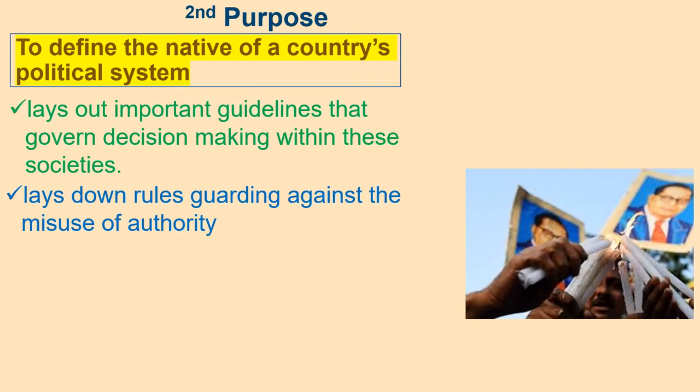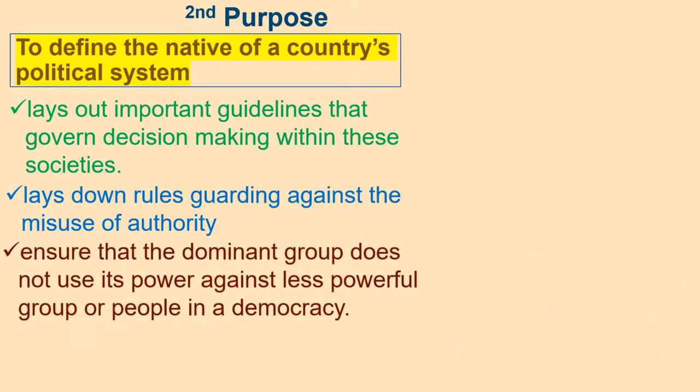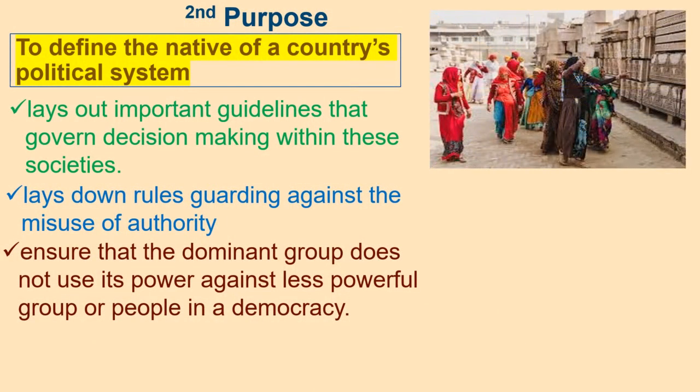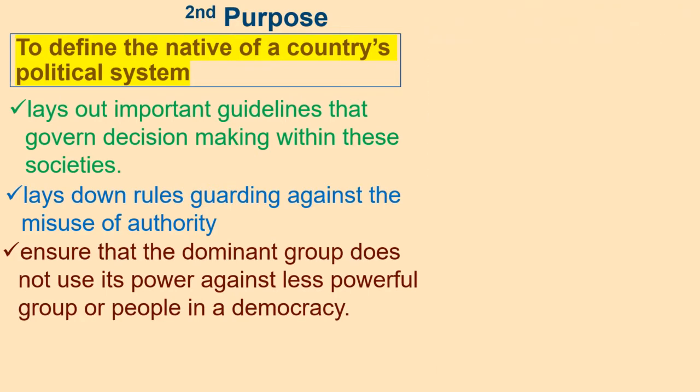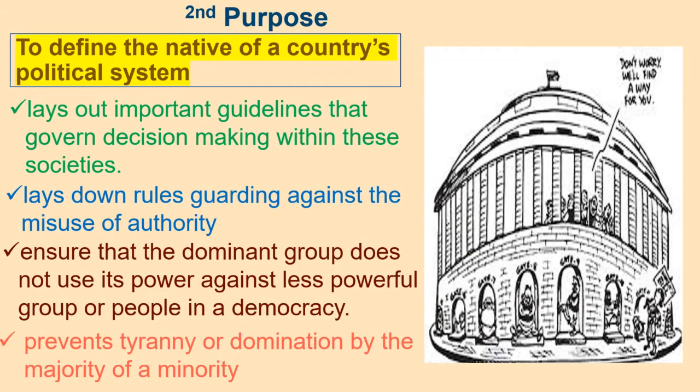No one has the right to misuse the power given by the authority. It ensures that the dominant group does not use its power against less powerful groups or people in a democracy. It prevents tyranny or domination by the majority over a minority.